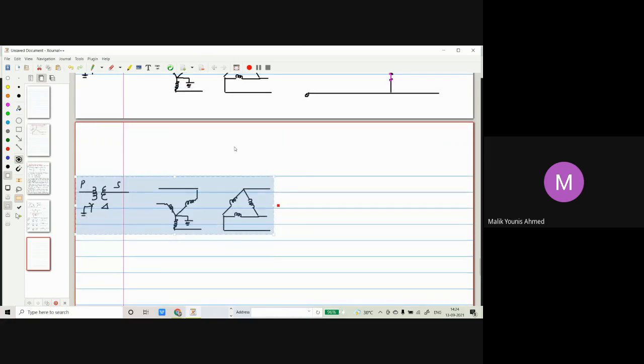So what I have exactly is star and delta. That's all, no neutral grounded here. So this is your simple star, ungrounded, and this is your delta. This is your P side and this is your Q side. You can draw this also.